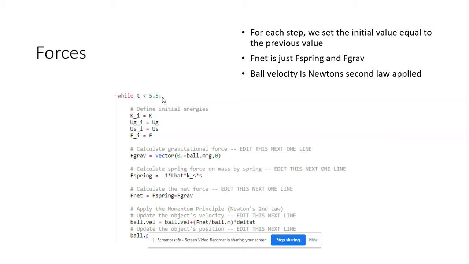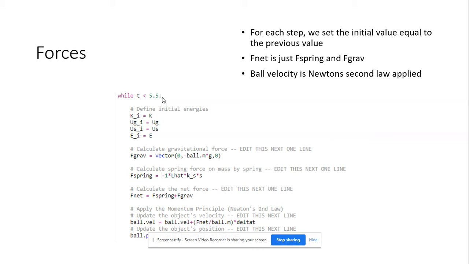Here we define our initial energies for every run, where we make the previous energy value our initial for this run. Our gravitational vector is mg in the y direction. Our spring force is negative kx, in this case k subscript s times s, which is the x value here, and then times L hat to give our direction.